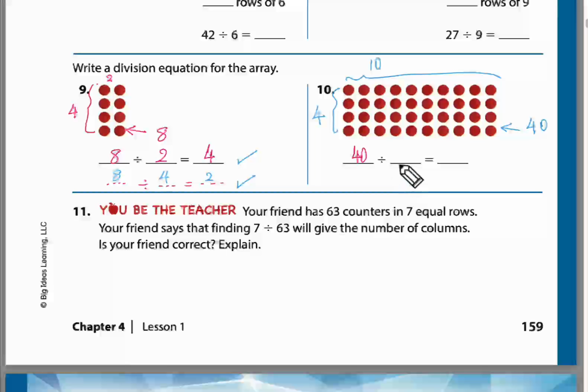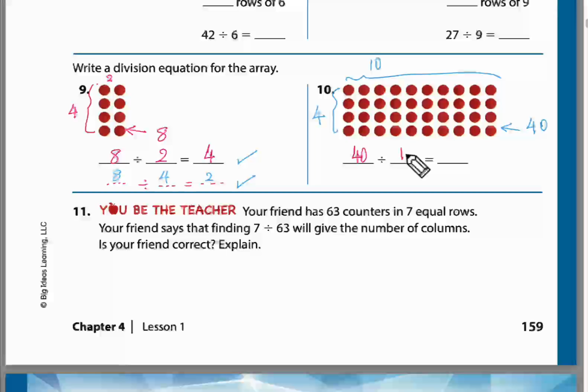And you can choose any of the 2 numbers as a divisor. So what is the divisor? You said 40 is the dividend. And what number are you dividing by, the divisor? 10.